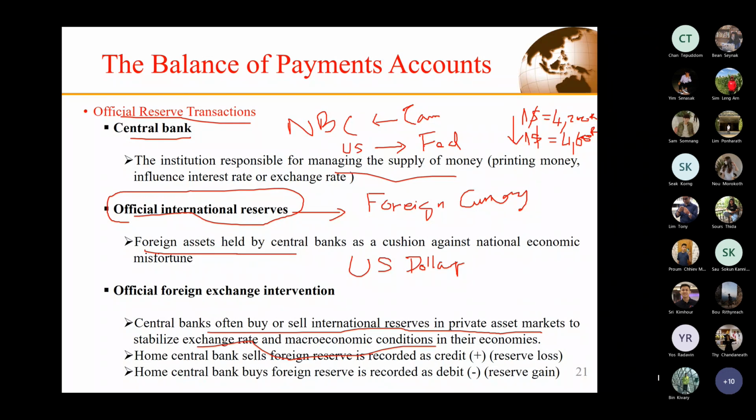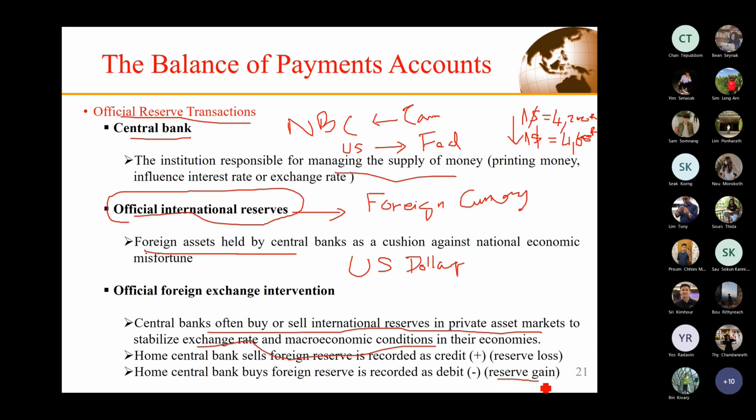And when our central bank buys foreign reserve, we accumulate more reserve, which is good for our country, for our central bank, because we can have more reserve. So we record it as a debit, or the minus sign, to mean reserve gain.